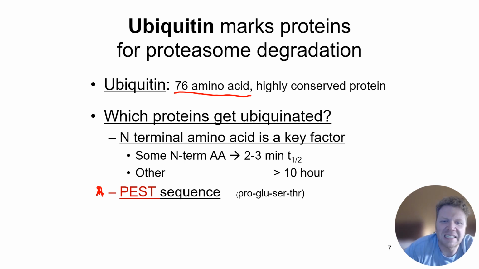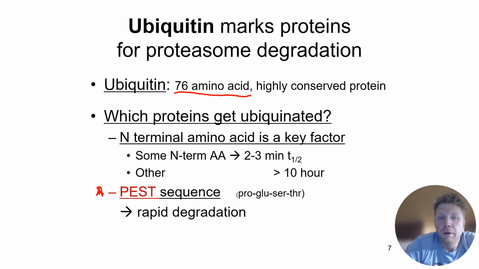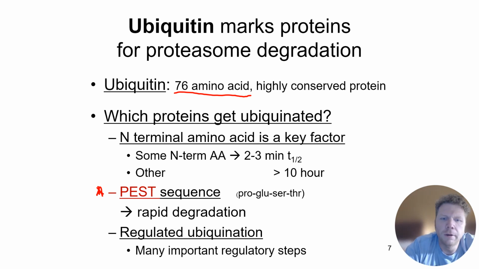One is the PEST sequence: proline, glutamic acid, serine, and threonine. If a protein has a PEST sequence, chances are it's going to get tagged, ubiquitinated and potentially degraded. Those PEST sequences are indicators that it's going to be degraded more rapidly than others. Think of those as triaged: let's move these along, let's get rid of these. There are other proteins that get ubiquitinated that maybe don't follow that much of a pattern.